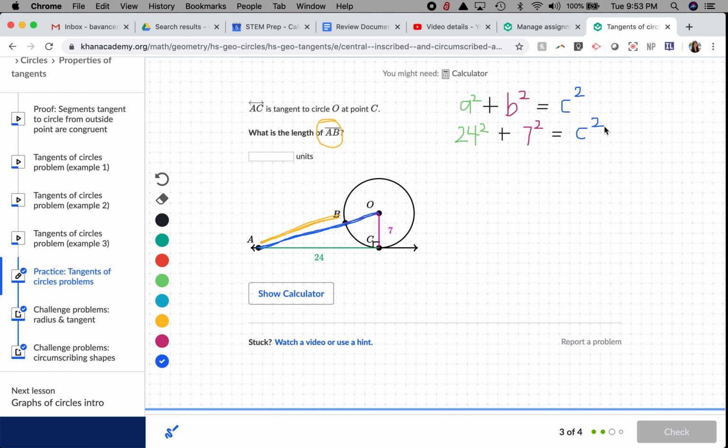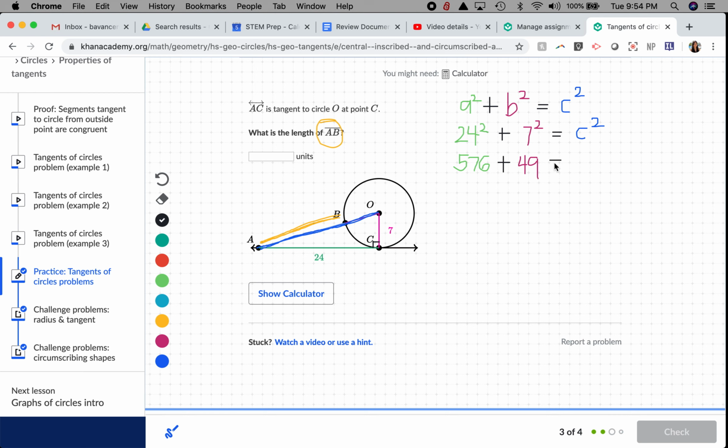Okay? So what I can see is that we can simplify these two numbers. So let's start with the first one. 24 squared is simply 24 times 24, which is going to give us 576. Plus 7 squared is simply 7 times 7, which is going to give us 49.